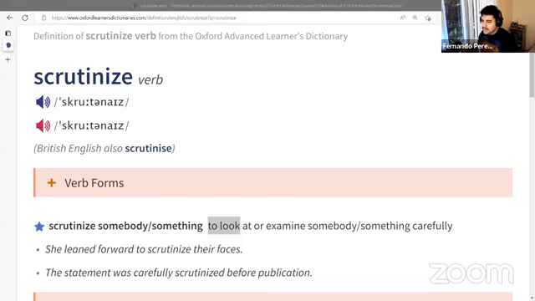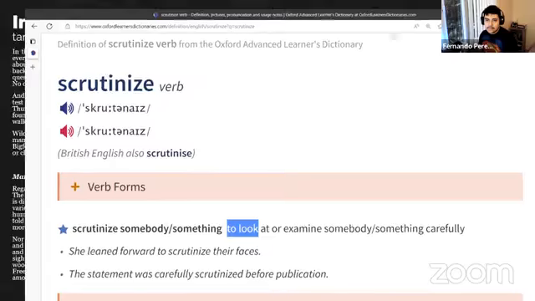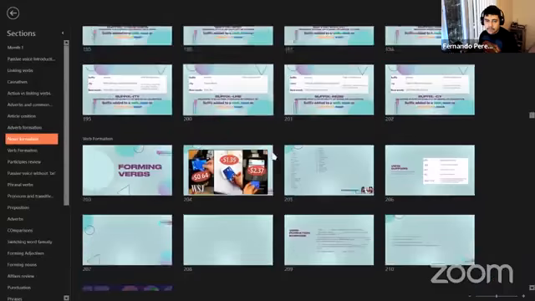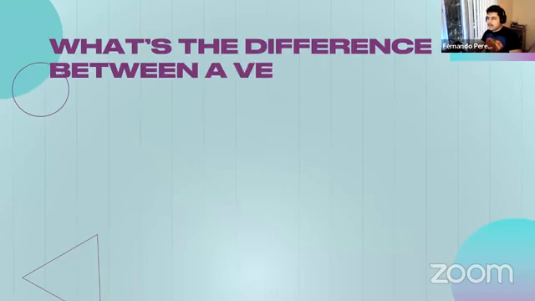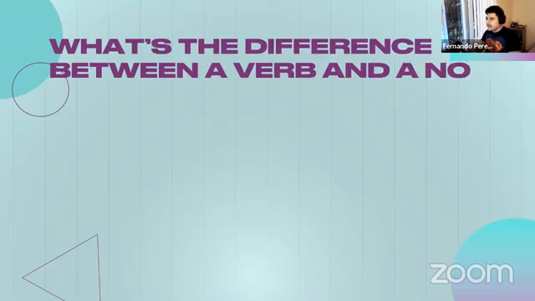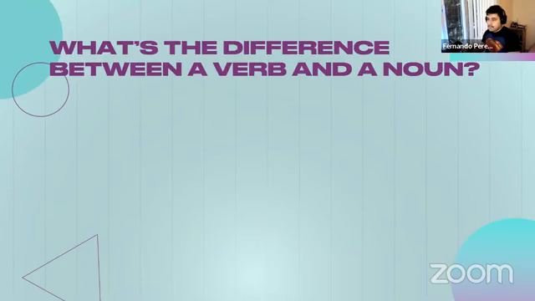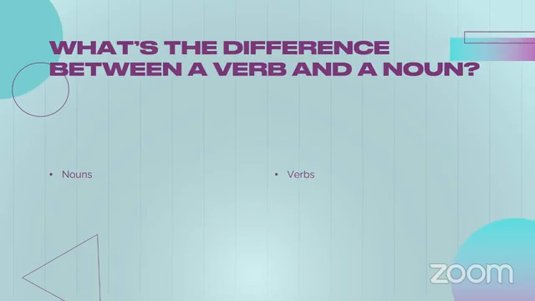What is the difference between a verb and a noun? What can you tell me? Let's make a comparison. The noun is a naming word. It's something that has a name.